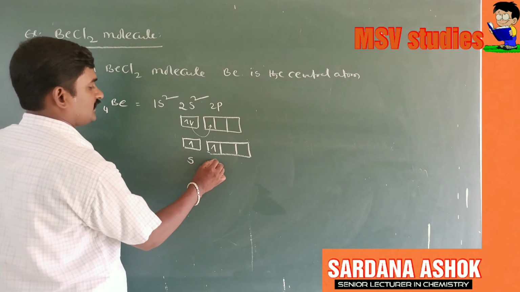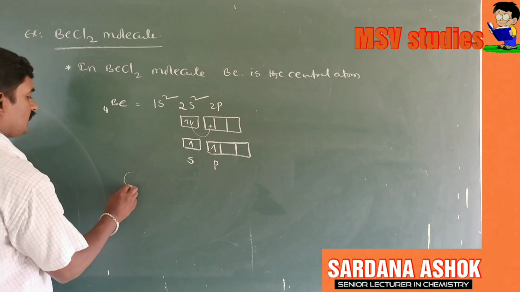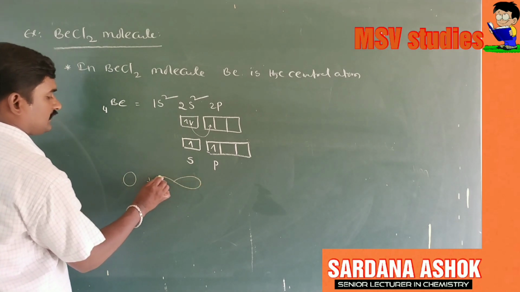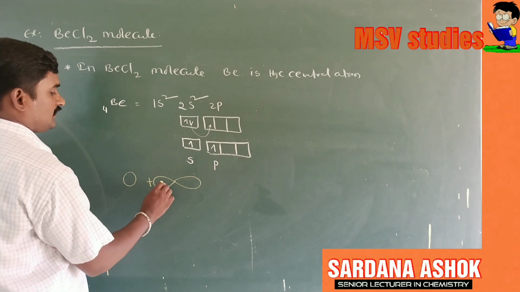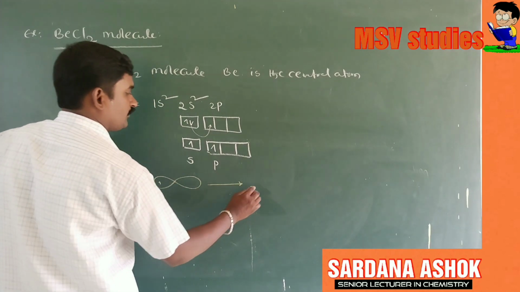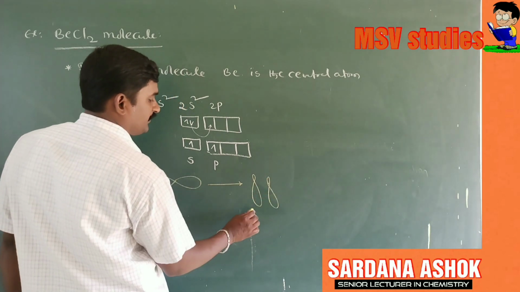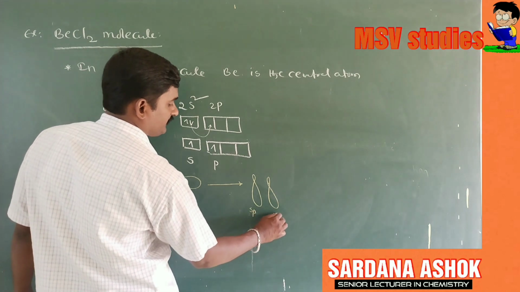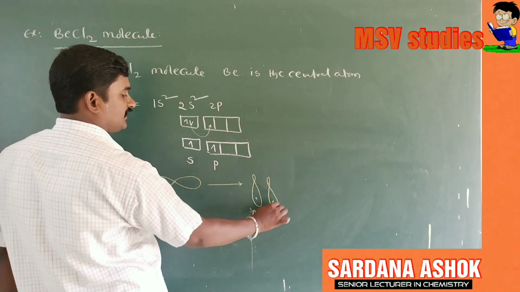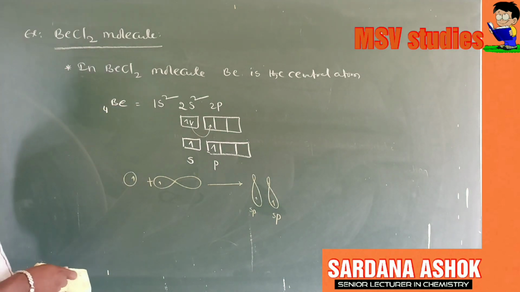This is one s orbital, one p orbital. The s orbital of beryllium intermixes with the p orbital, each having one unpaired electron, and produces two sp hybrid orbitals. These hybrid orbitals also have unpaired electrons.